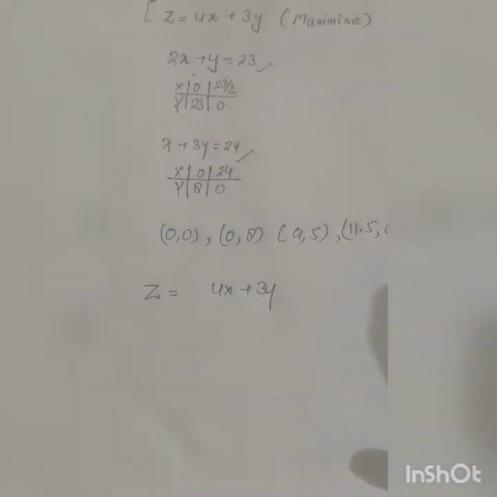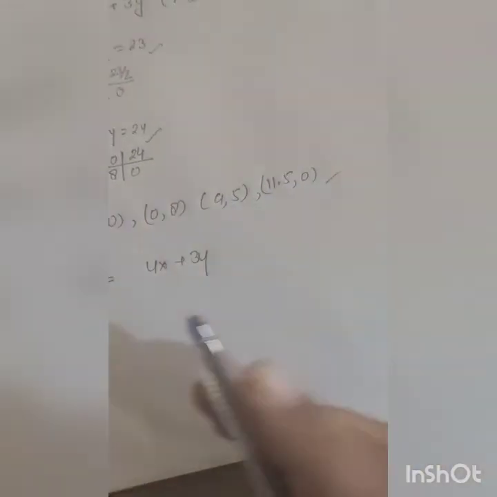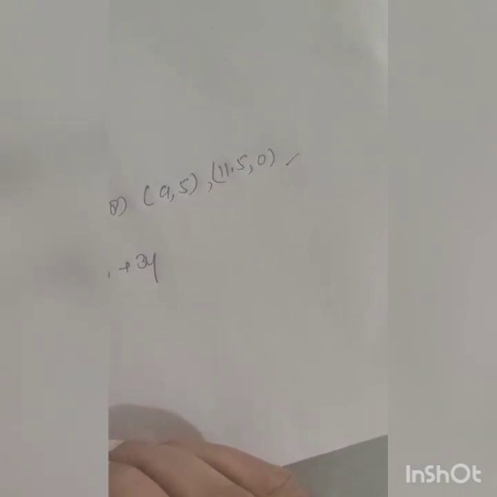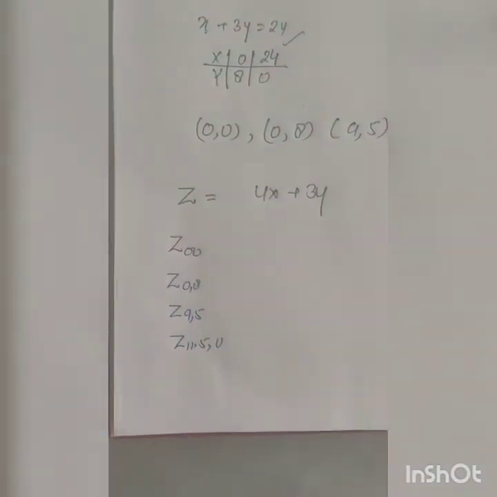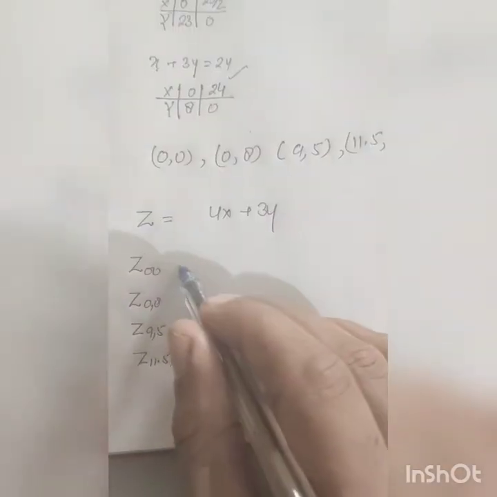Now we need to put these values into z: 0, 0, then 0, 8, then 9, 5, and last 11.5, 0. These four values will give us four different conditions.